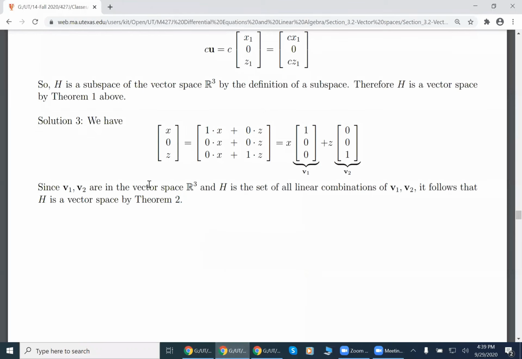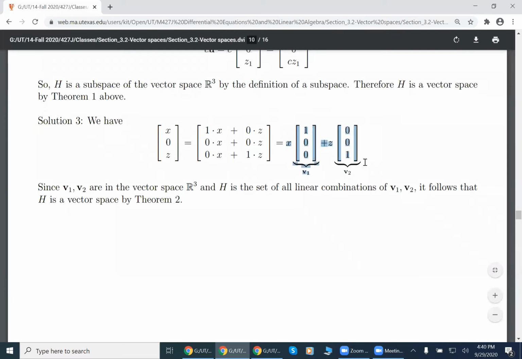Let us go back to this. Remember, in this example, we are talking about the following matrix columns, X, 0, Z. Know that any such matrix column can be rewritten as X times V1 plus Z times V2. V1 and V2 are vectors from R3, which is a vector space.